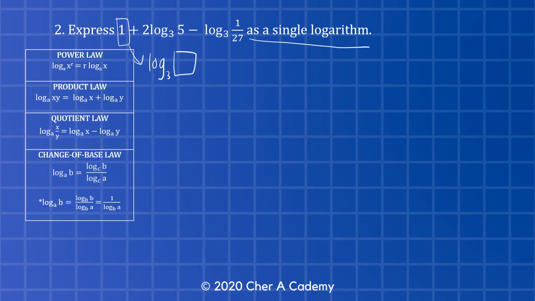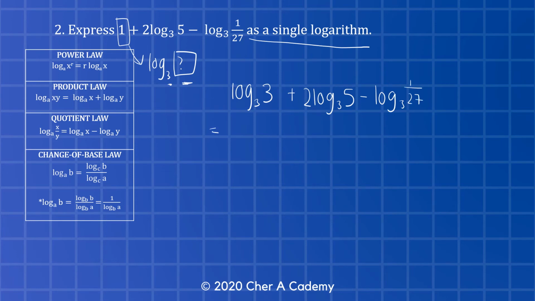So what is this number? To make this 1, this number here and this number here have to be the same. So I'll have log base 3 of 3 plus 2 log base 3 of 5 minus log base 3 of 1 over 27.